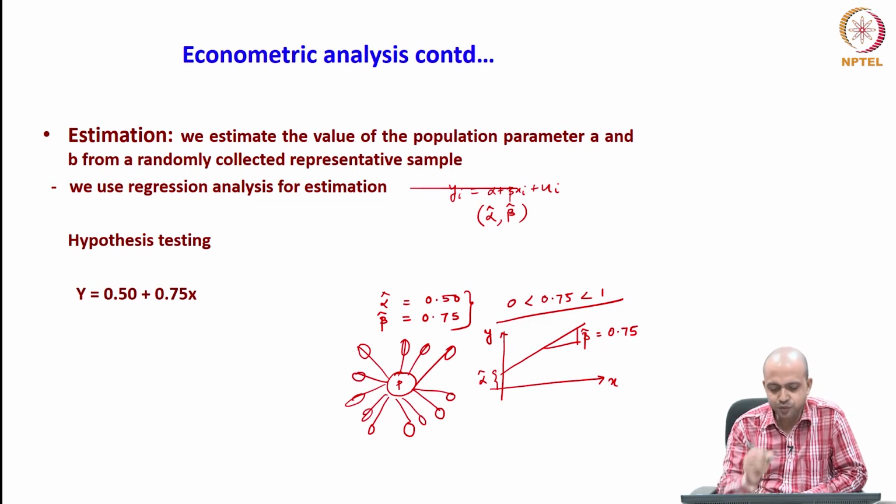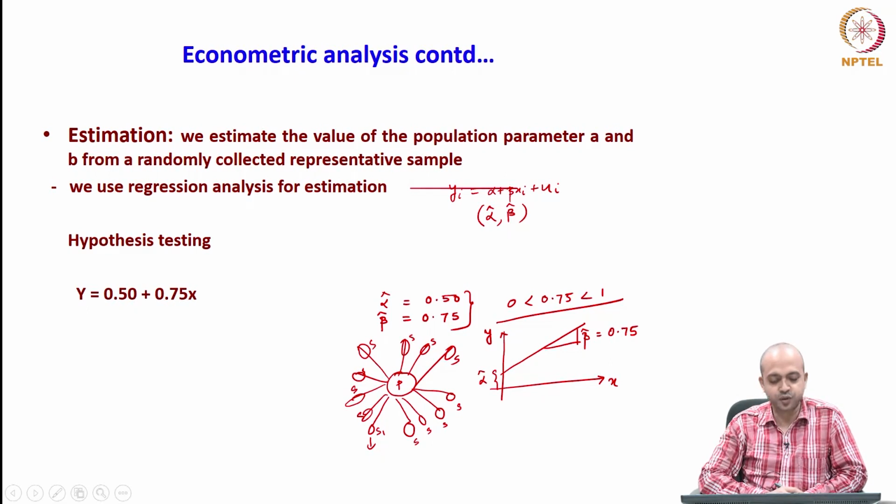These are all samples from the population. You have drawn only one sample, let us say S1, and in this sample it is 0.75.